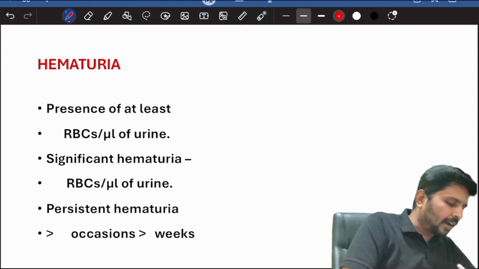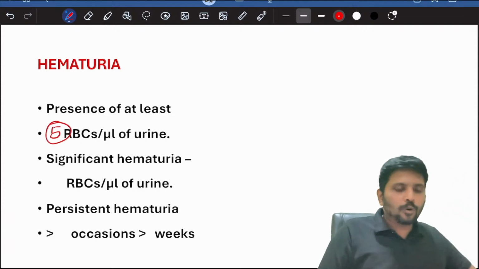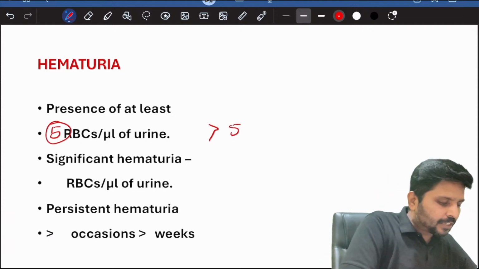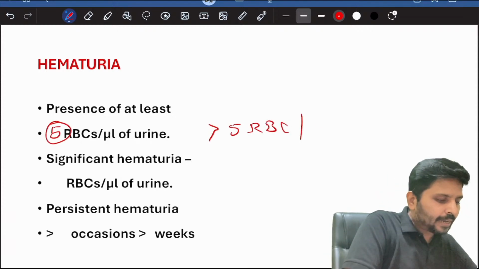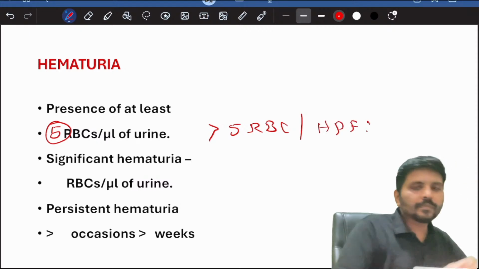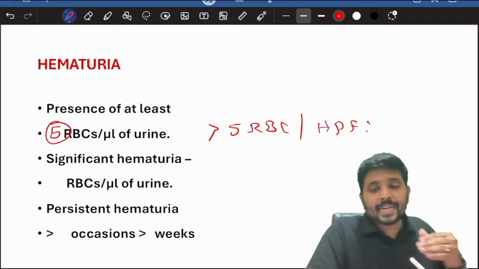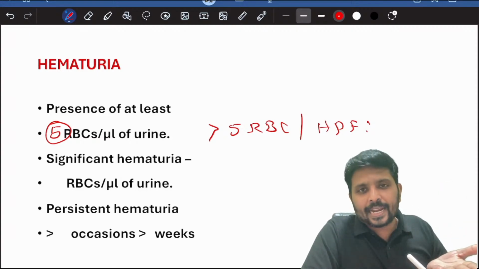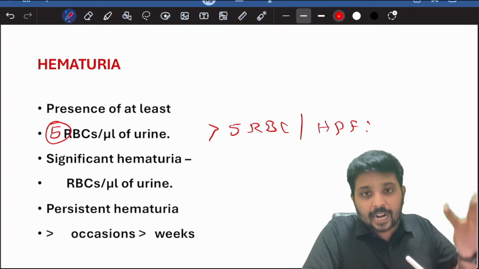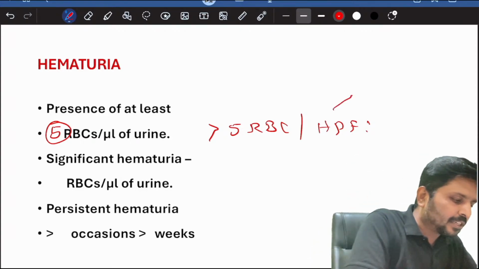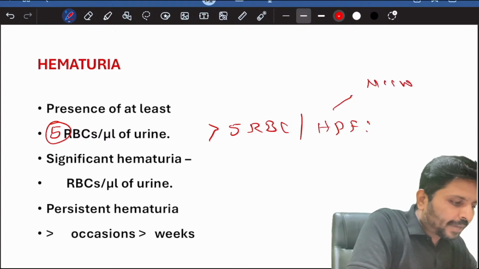More than 5 RBCs per high power field. More than 5 RBCs. Okay, but if it is not visible to the naked eye, it is called microscopic hematuria.